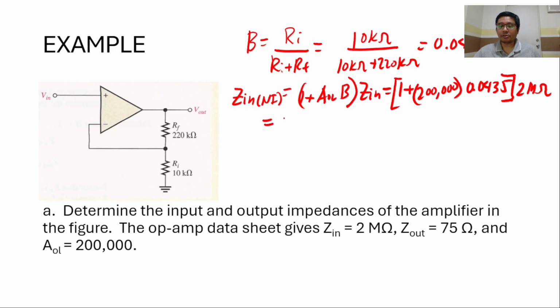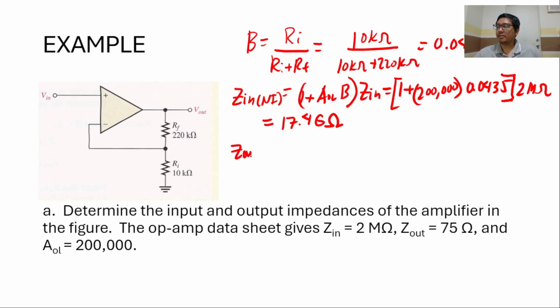And that is equal to 17.4 gigaohms, which is a large value compared with the input impedance of 2 megaohms.